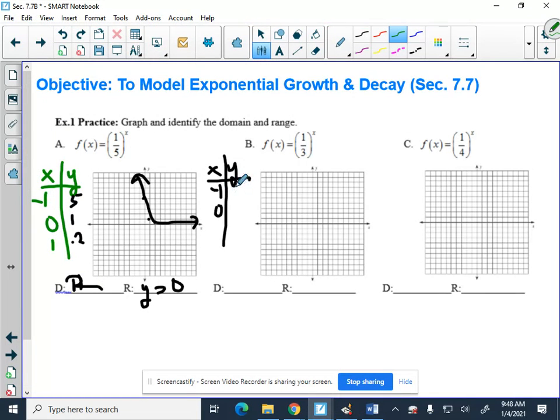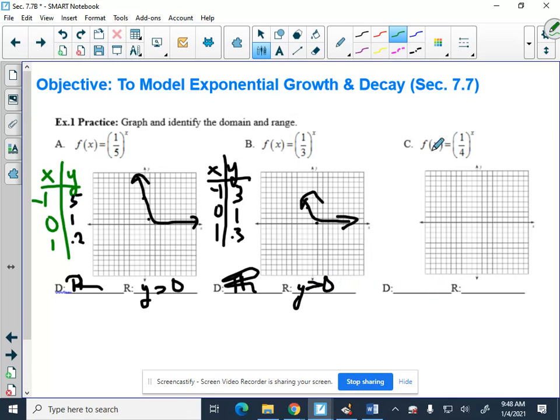You can do 1. This will be enough for me to get the idea. At -1, it's up 3. At 0, it's up 1. Can you see it's going to come down? If you put in 1, it's going to get you 1/3 or 0.3. It's getting even smaller. So it's one that's coming down like this. Domain is, again, all reals. And the range, y is greater than 0.